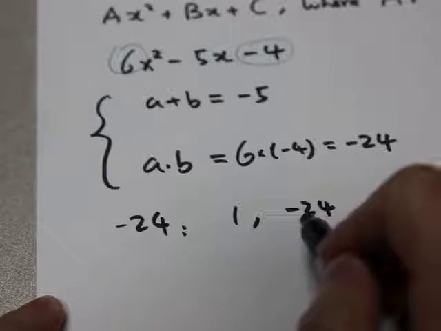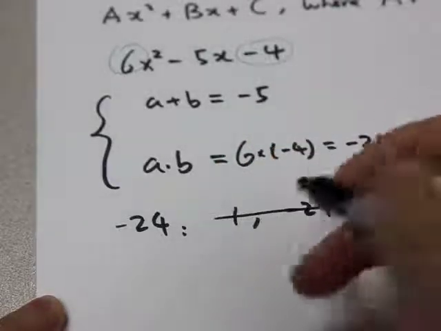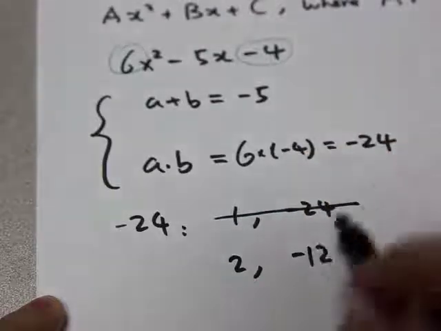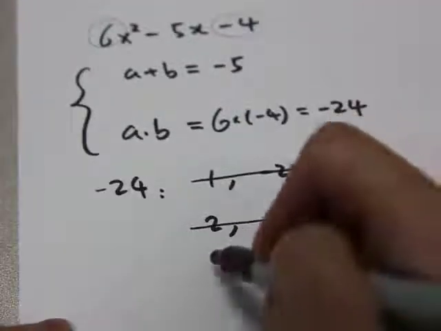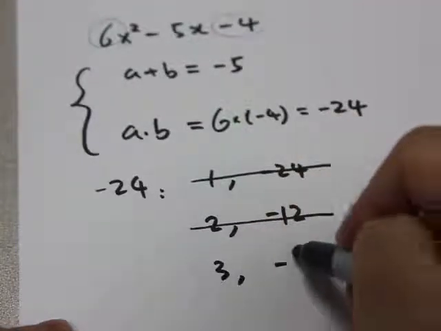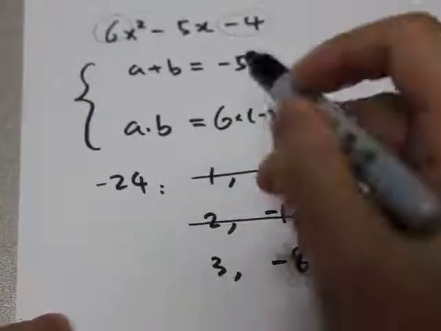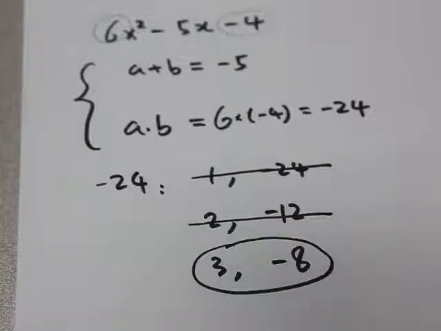So 1 and -24, the sum is not -5. So we drop this, and 2 and -12, the sum is not -5. So 3 and -8. Okay, now this sum is -5. So we found these two numbers.